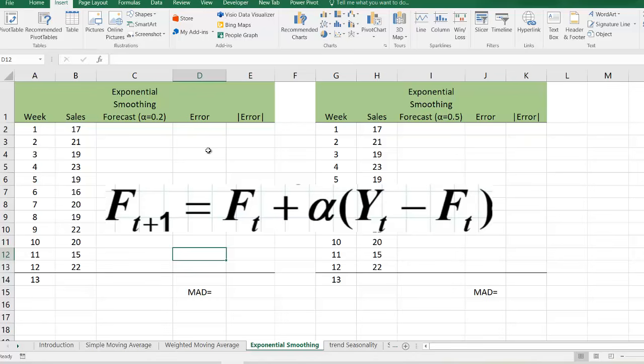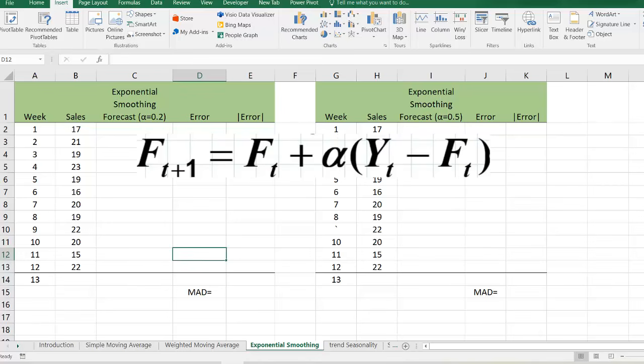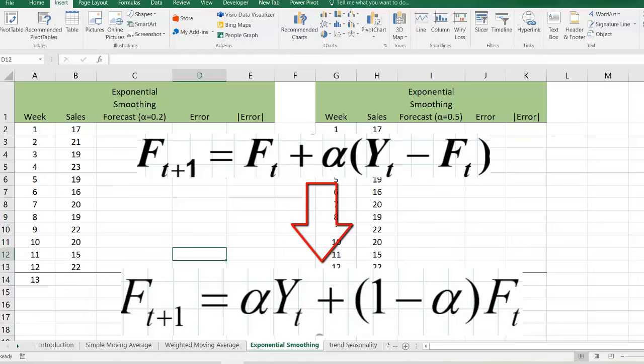The idea is very simple: the new estimate is equal to the old estimate plus a fraction of the error in the last period. The formula f sub t plus 1 is equal to f sub t plus alpha times y sub t minus f sub t can be simplified to alpha y sub t plus 1 minus alpha times f sub t. The two formulas will generate the same value.